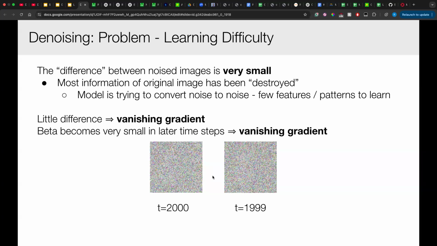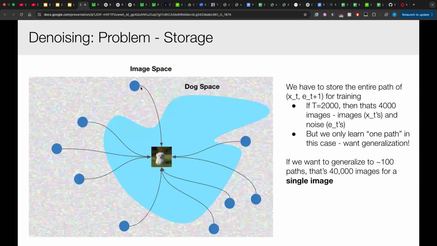There's no dog in there, no semblance of the original dog. So remember, when there's no difference between our input and our output, we are susceptible to a vanishing gradient. Even if we have residual connections, we'll just end up learning the identity function. We'll just float around in image space without really making our way back.